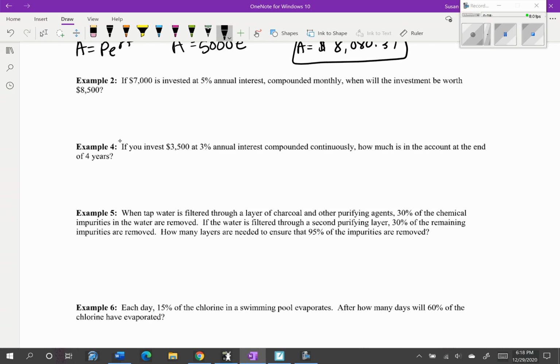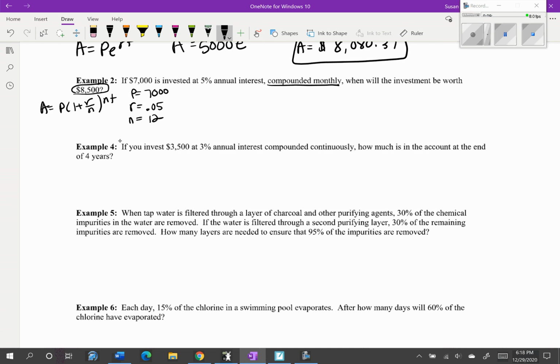So compounded monthly tells me I'm using A equals P times 1 plus R over N to the NT power. And in this case, our P is $7,000. Our R value is 5%, so 0.05. N is compounded monthly, so 12. And in this case, it's asking when will the amount be worth 8,500.